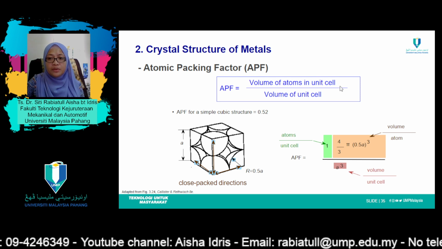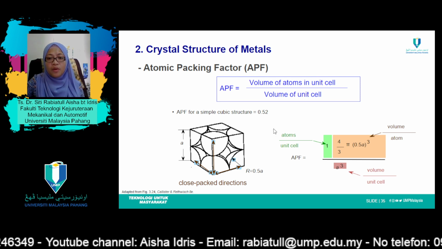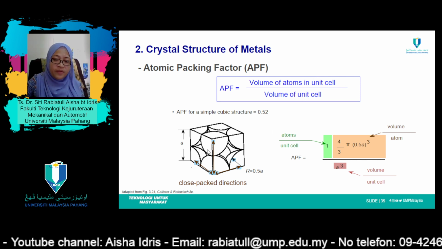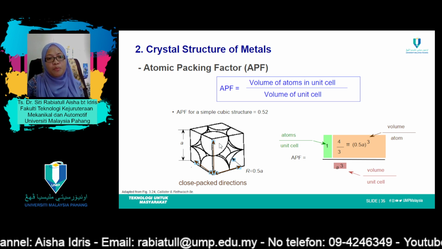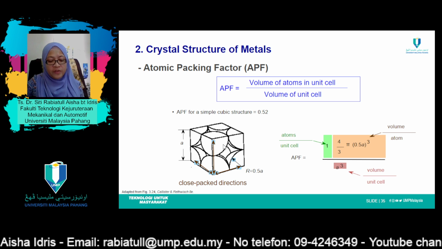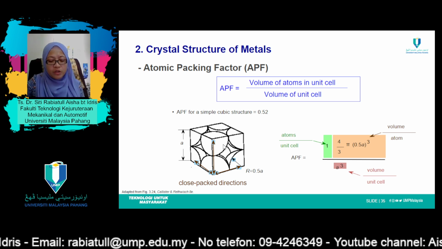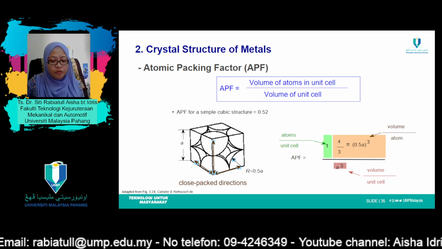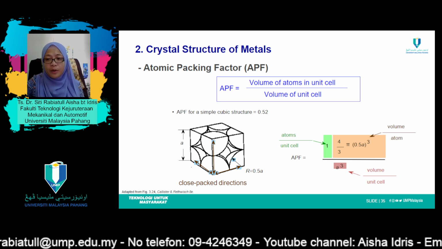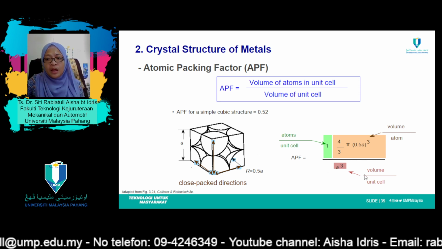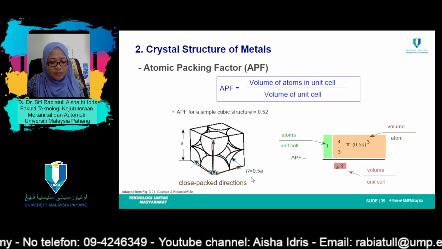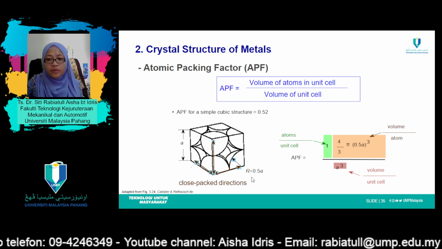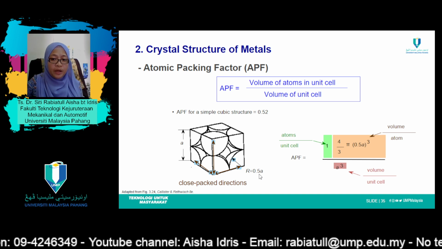For the volume of atoms in the unit cell, first of all, the spheres there. You need to remember the formula for a sphere. The volume of a sphere equals 4 over 3 pi r to the power of 3. Luckily you have the value of r here. r equals 0.5a.